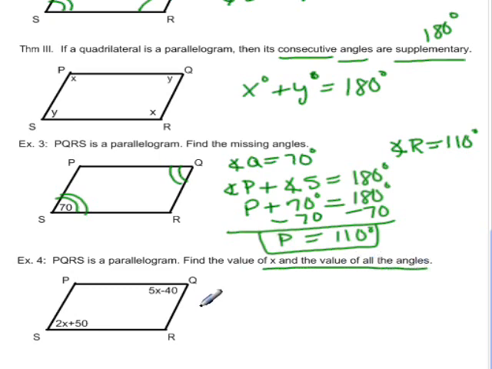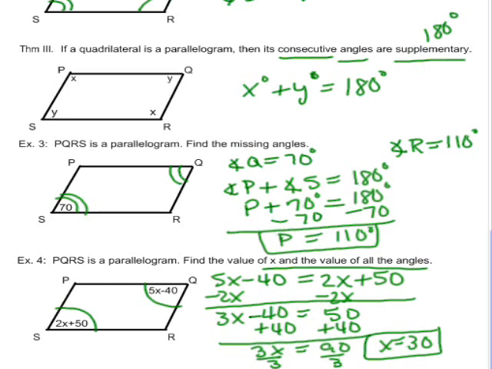To find x, you have to know something about S and Q. Well, we just learned that angle S and angle Q are opposite each other, which means they're equal. So we need to set up the equation that 5x minus 40 is equal to 2x plus 50. Now pause, work your problem, and when you come back you can check your answer.